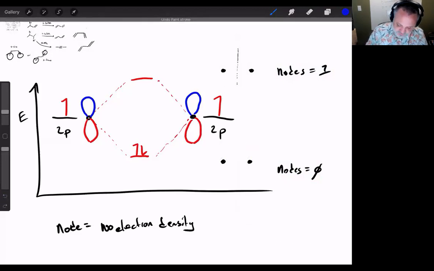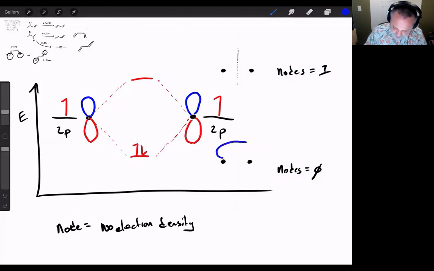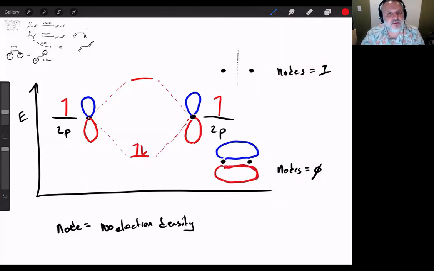If they combine so that their phases are in the same position, then they combine constructively. And it is perfectly analogous to the idea of them being waves, and waves being able to combine constructively and destructively.